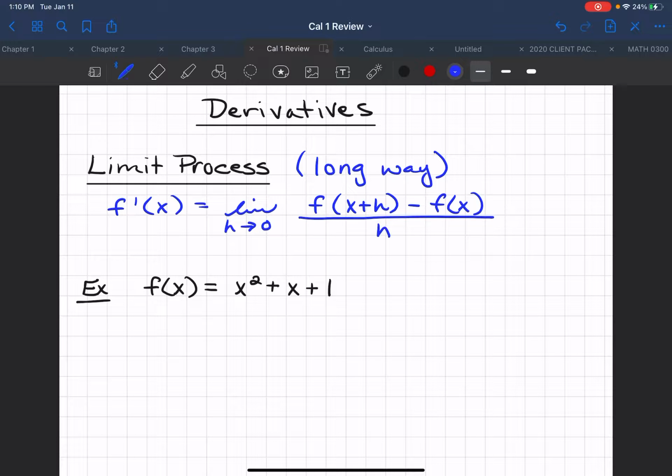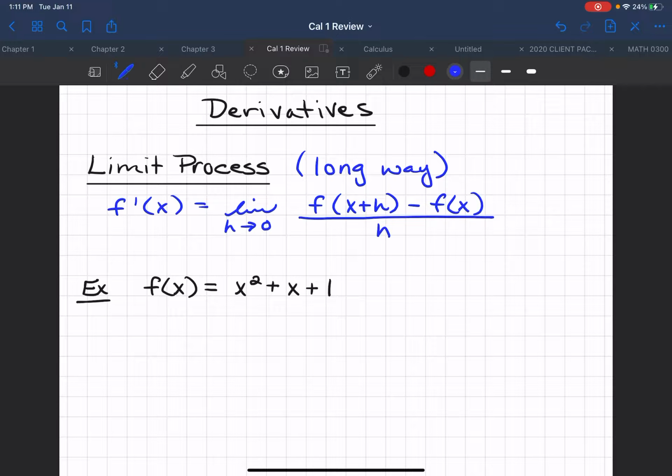You may have used delta x or some other variable in Cal 1, but h is representing the horizontal distance between 2 points. So as you're approaching 0, it's shrinking that distance between the 2 points, so eventually you get the exact slope of the tangent line at that 1 point.